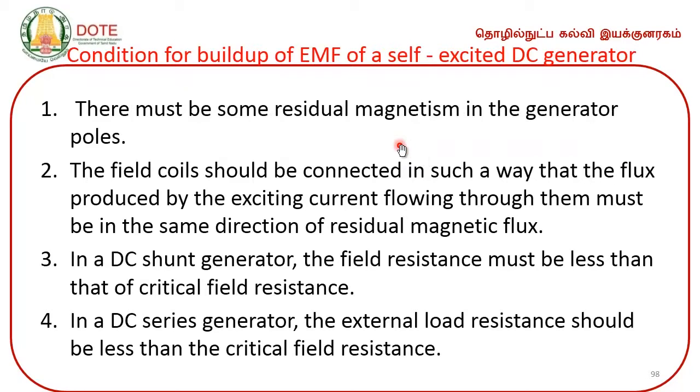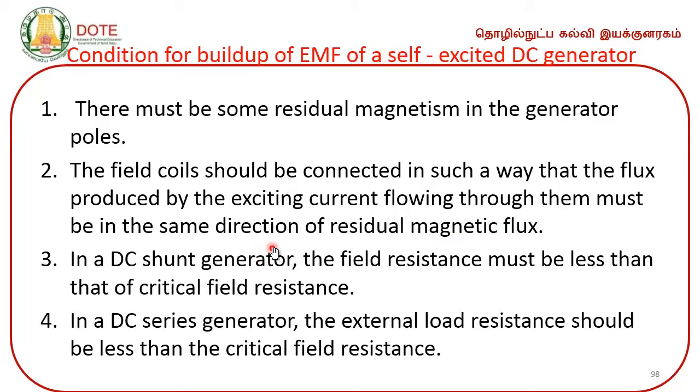Then comes the condition for buildup of EMF of a self excited DC generator. Number 1, there must be some residual magnetism in the generator poles. Number 2, the field coils should be connected in such a way that the flux produced by the exciting current flowing through them must be in the same direction as the residual magnetic flux.